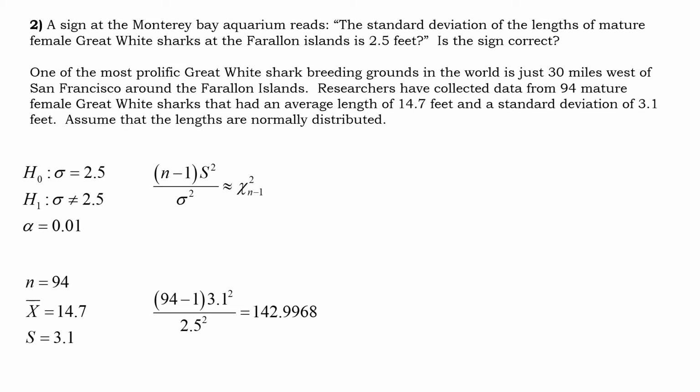Again, as with every single hypothesis test, we are always assuming that the null hypothesis is true. So we're assuming that sigma equals 2.5. I'm going to plug 2.5 in for sigma. I get a chi-squared score just under 143. Now, that's the exact value. I didn't round that. It just came out to be 4 decimal places. So we have picked our equation, plugged in our numbers, and got our chi-squared score, our test statistic.